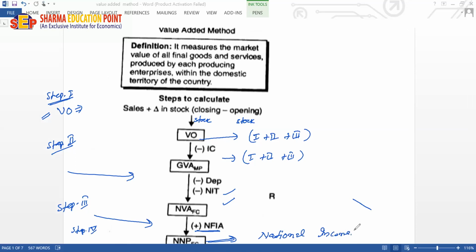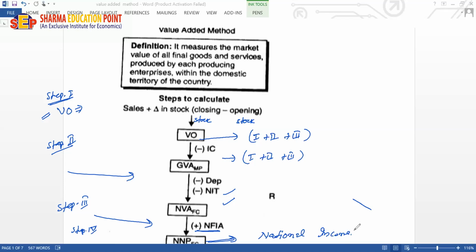This national income is the same as in the numericals of value added method we have already completed. So first step, to get value of output. Second step, to get GVA MP, third step to get NVA FC, and last step to get national income.